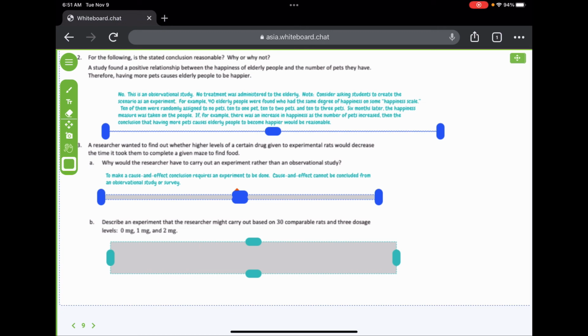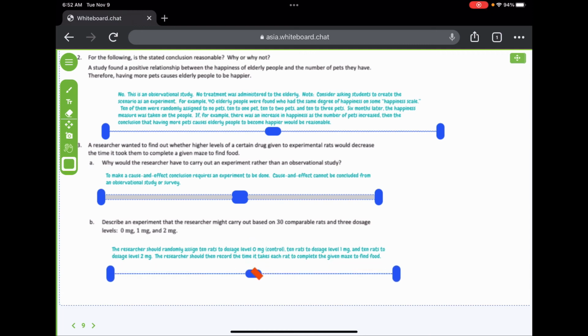Okay? I think this is the last one. Describe the experiment that the researcher might carry out based on 30 comparable rats and 3 dosage levels: 0 milligrams, so not giving them the drug, 1 milligram, and 2 milligrams. Right, so how would we do that?